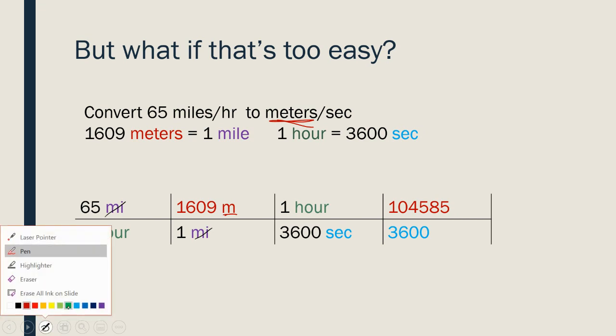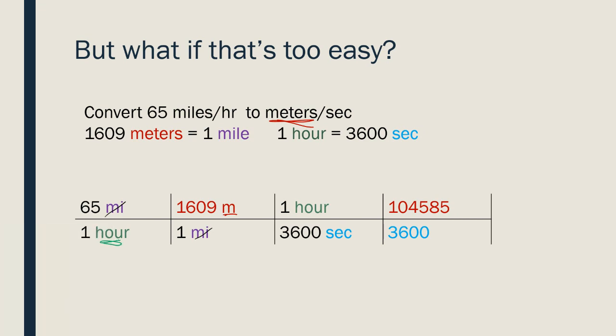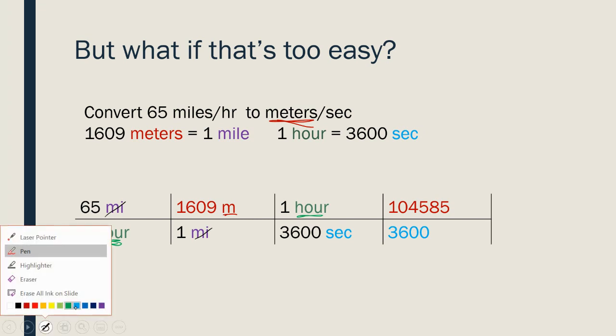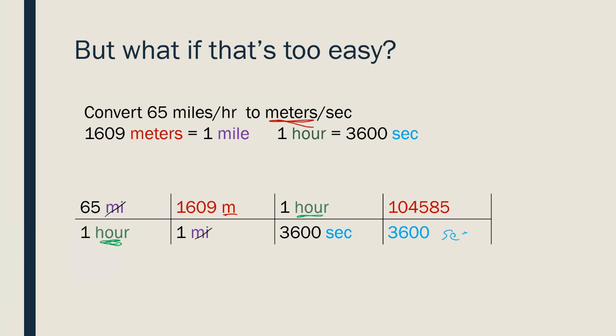Then we want to get rid of our hour, right? So I want to go opposite the hour. It used to be you always went down, but now you have to go opposite. So opposite is going to be on the top. And for every hour, there's 3,600 seconds. We're going to put that in the bottom. So now in the bottom, we have seconds, right?